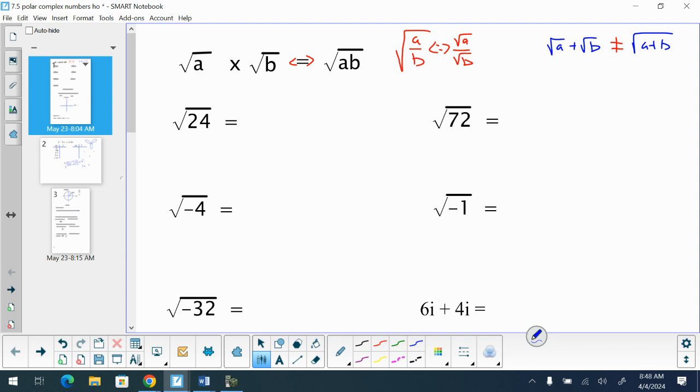When we have addition in there, we cannot bring them together. It does not work, or subtraction. But when we have multiplication or division, we can bring them together.